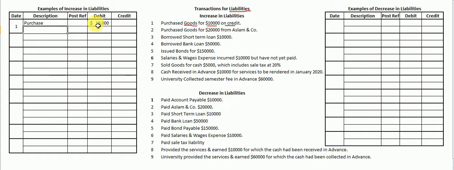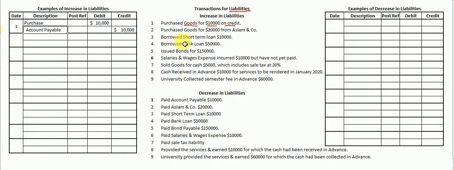Once you have purchased on account, meaning on credit, you have not yet paid, so you have to credit account payable. It means this amount is payable, to be paid in the future. So you can say the purchase account is debited because this is an increase in expense. The account payable account is credited because it is an increase in liability.